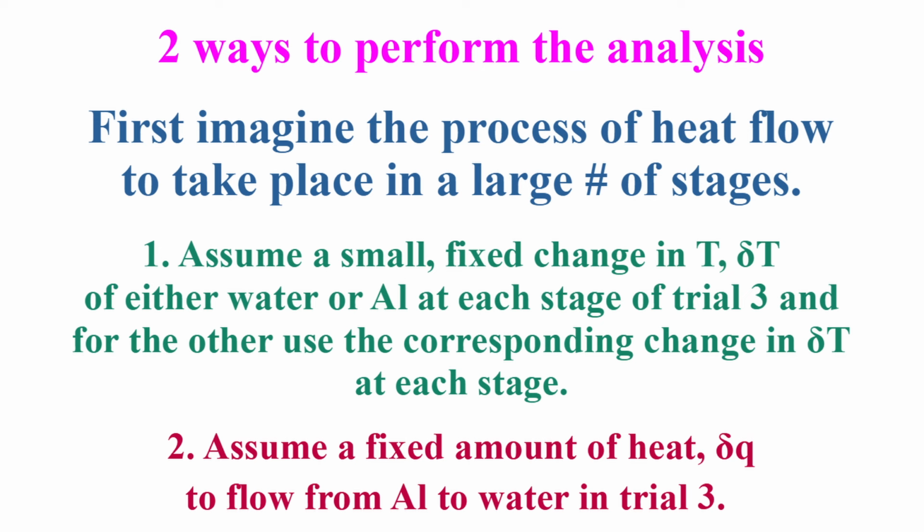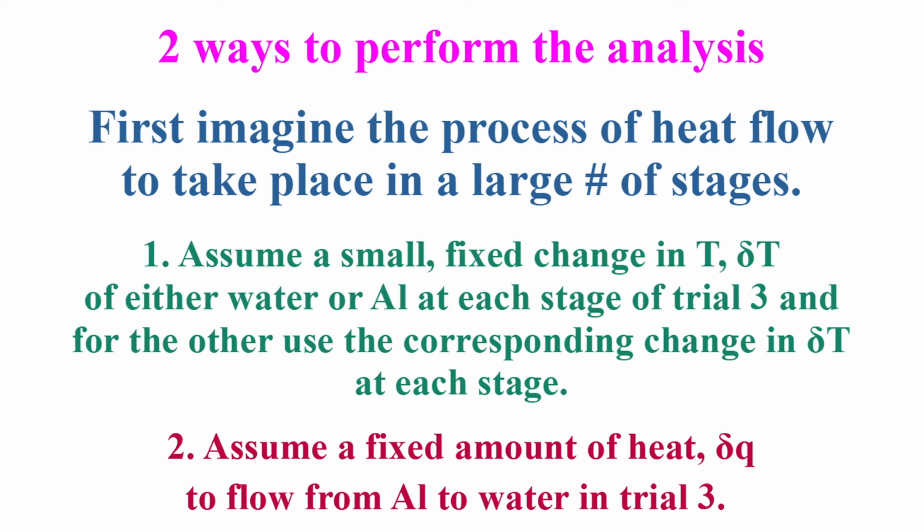We can then calculate the corresponding amount of heat transferred to the other. Using this, we can calculate the change in T, that is, delta T of the other. In the second approach, we consider a fixed small amount of heat, delta Q, to flow from aluminum to water at each stage of trial 3.